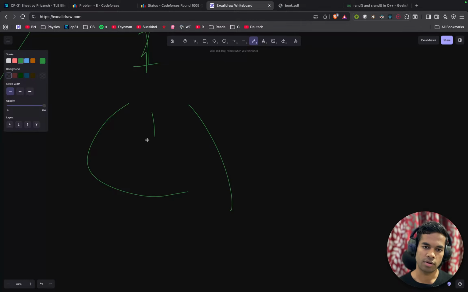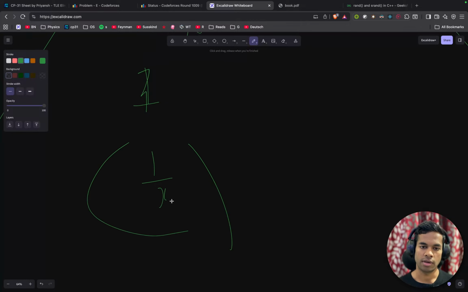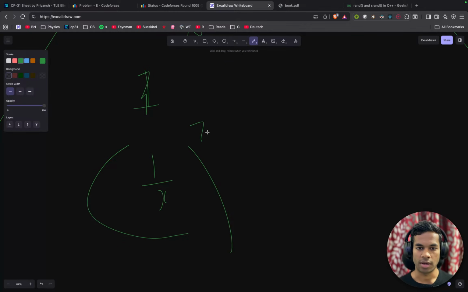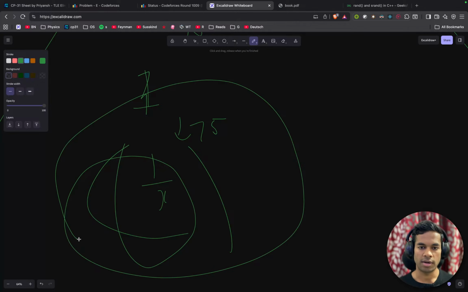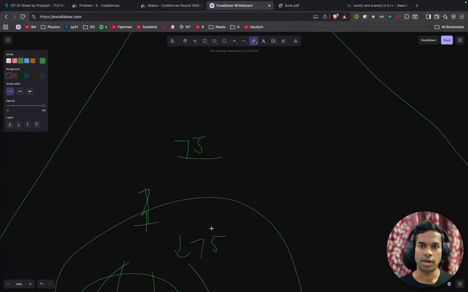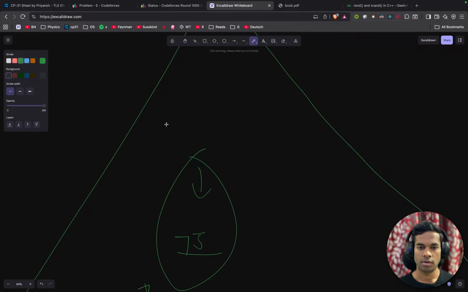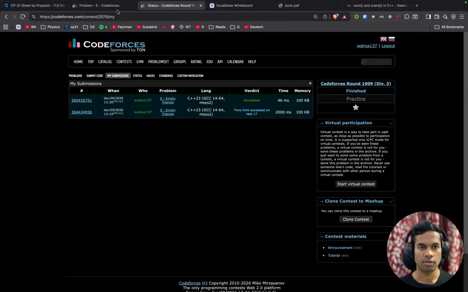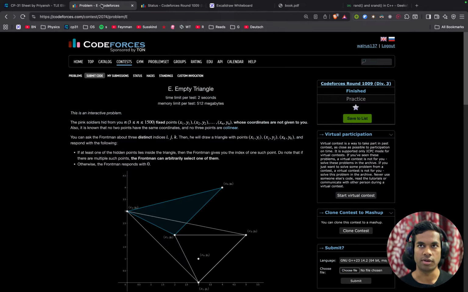There is a fraction of points 1 divided by some x, which is greater than 1, and after making 75 choices, this probability is very low that we end up at a point which has stuff inside. And also we are randomizing. This is cool.